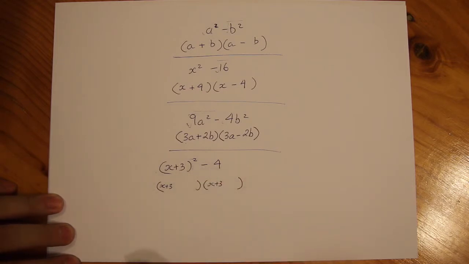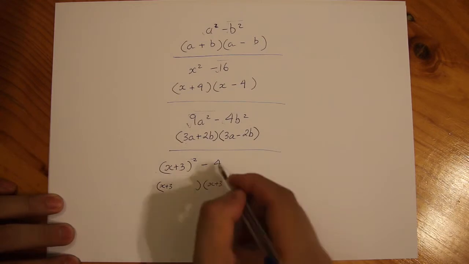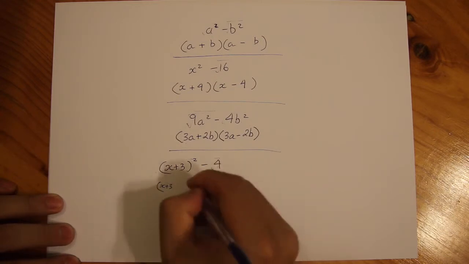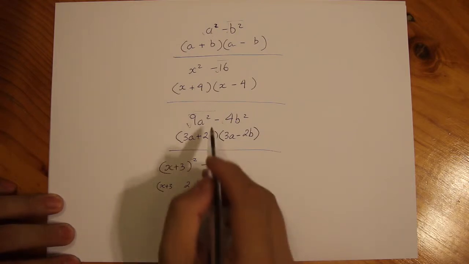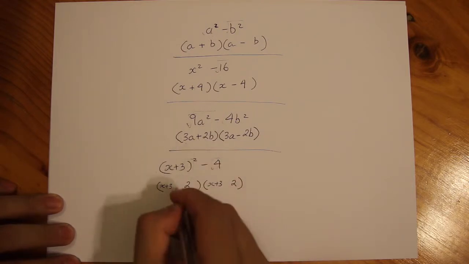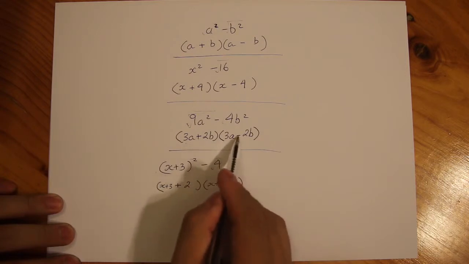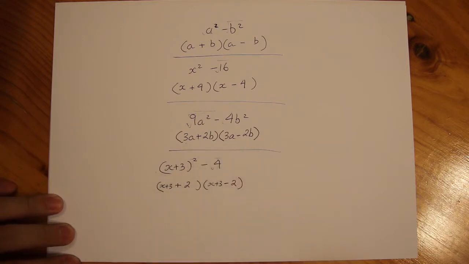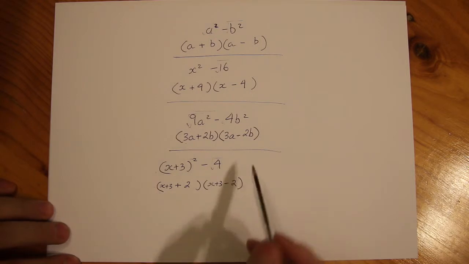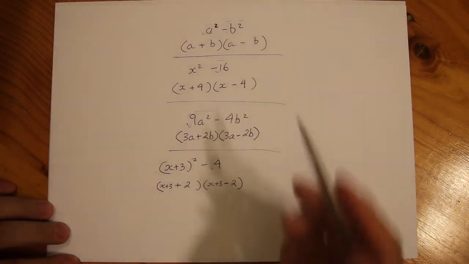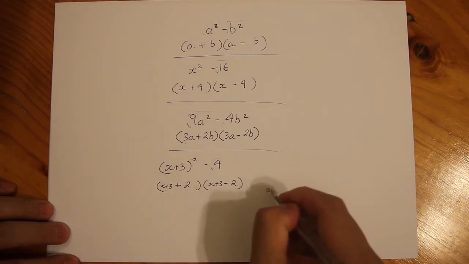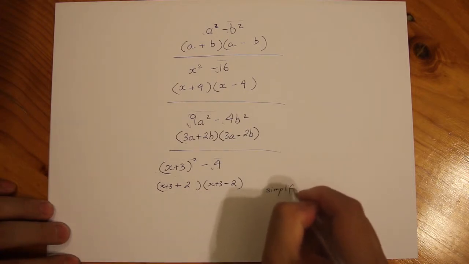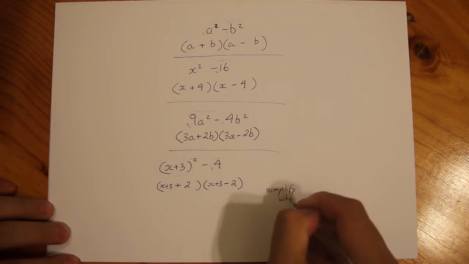The square root of 4 is a 2. What goes in the middle is a plus and a minus. What's different in this case as opposed to the other examples on the top is that we can actually simplify. So it is key to simplify where possible.